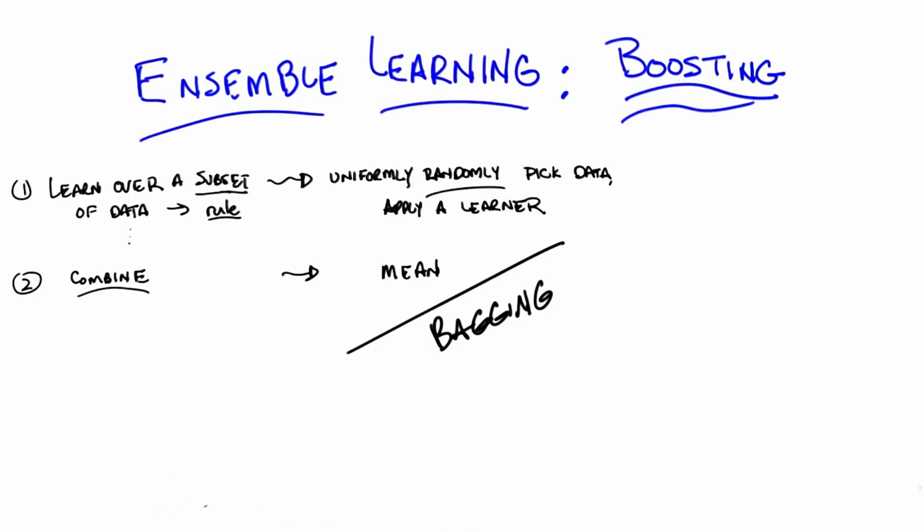So let me throw an idea at you, and you tell me if you think it's a good one. Rather than choosing uniformly randomly over the data, we should try to take advantage of what we are learning as we go along. And instead of focusing just kind of randomly, we should pick the examples that we are not good at. So what do I mean by that?